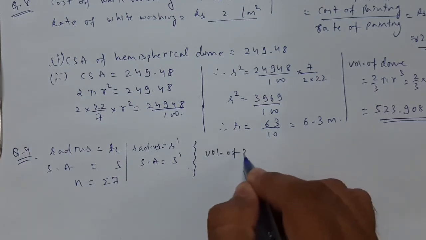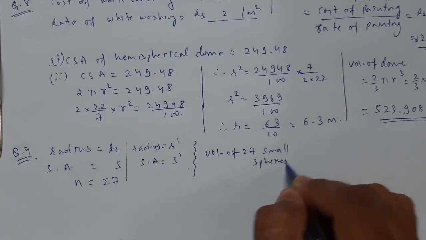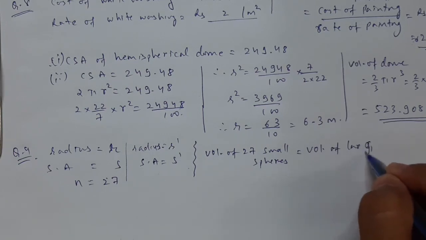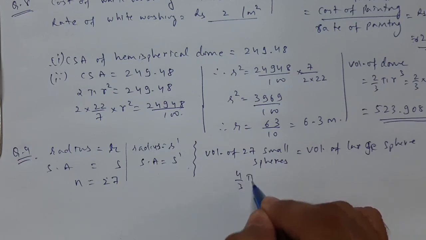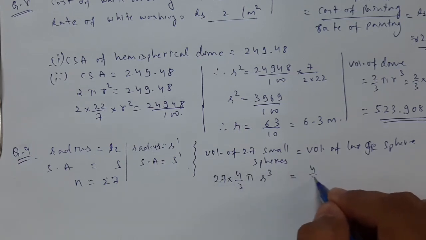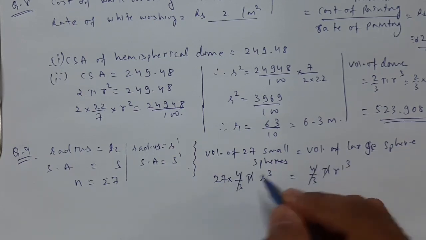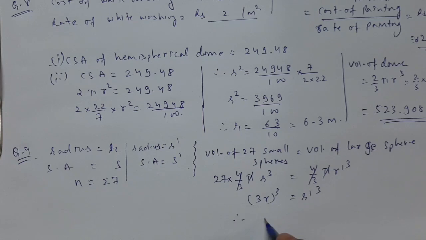So volume of 27 small spheres is equal to volume of large sphere. 27 into 4 by 3 pi r cube is equal to 4 by 3 pi r dash cube. 4 by 3 pi cancel. 3r whole cube is equal to r dash cube, and therefore r dash is equal to 3r.